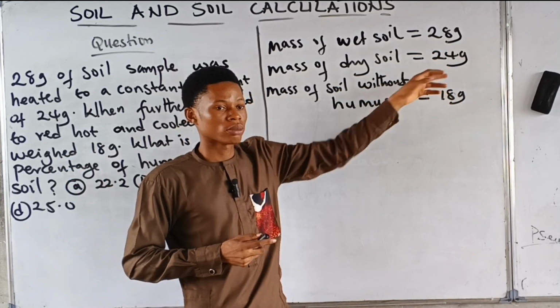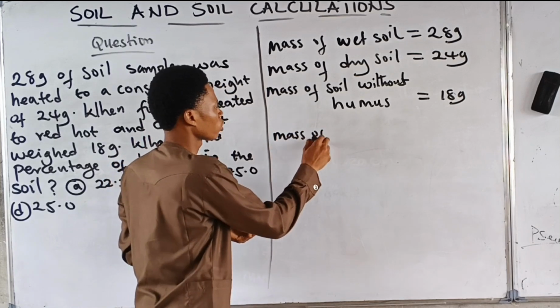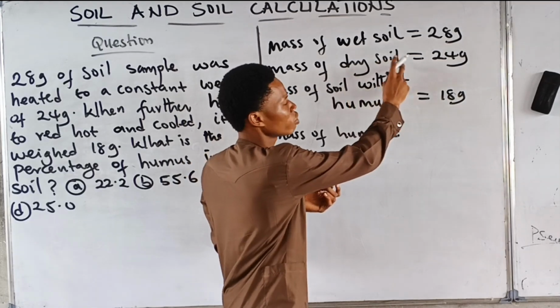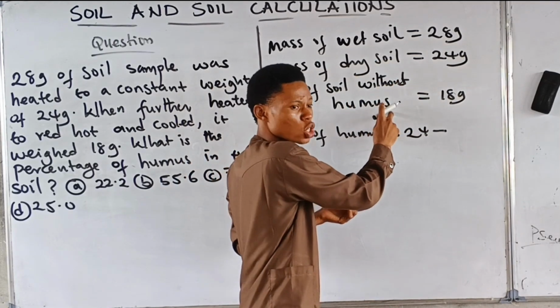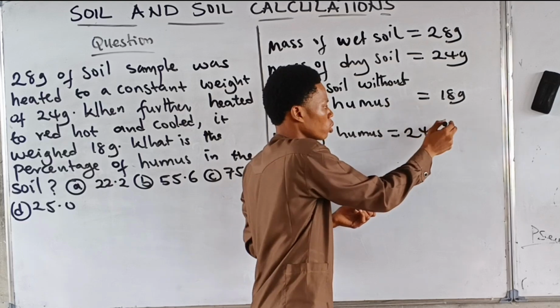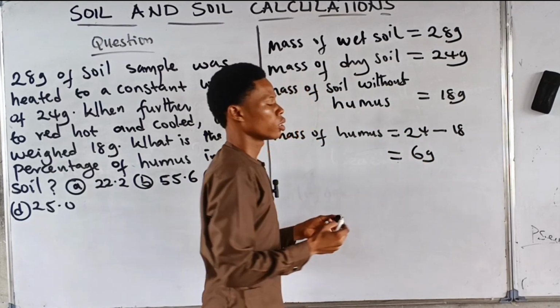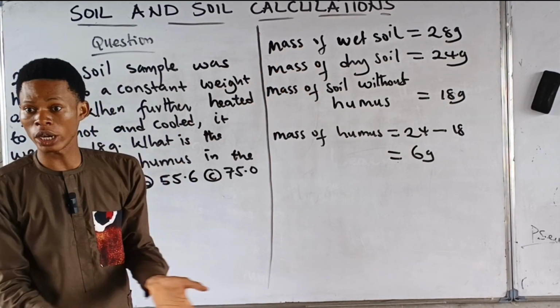That shows that the mass of humus will be equal to the mass of dry soil minus the mass of the soil without humus. So that will give us what? 6 grams. But they're asking us the percentage of humus in the total soil, right?